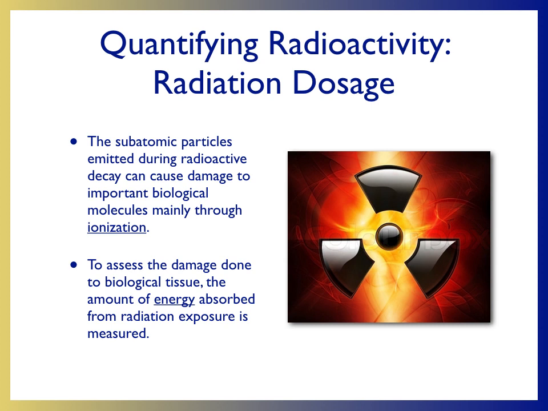By imparting energy to biological tissues, which can be used to denature proteins and break the bonds that hold together biological molecules. The other type of damage that can be done is through ionization, where charged particles interact with biological molecules, which can also lead to the breakage of bonds and the denaturization of different types of tissues.